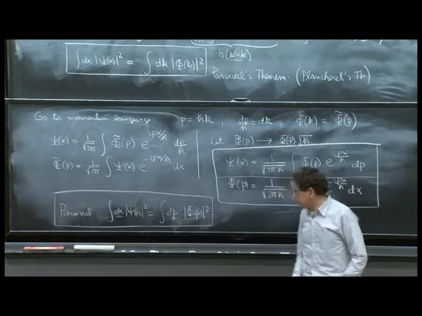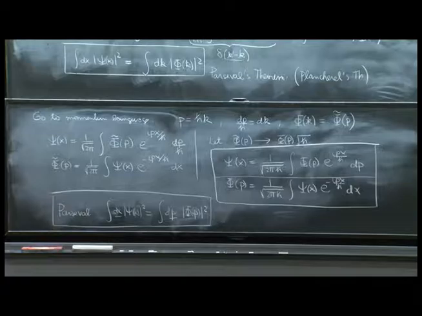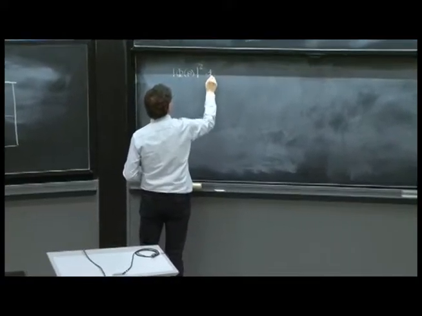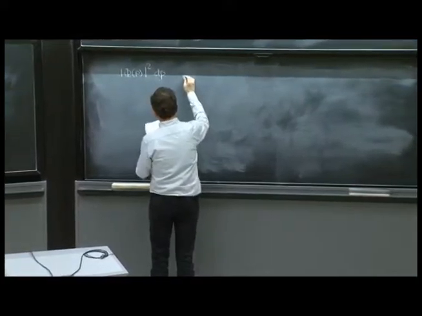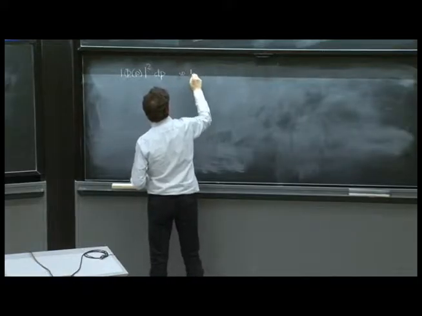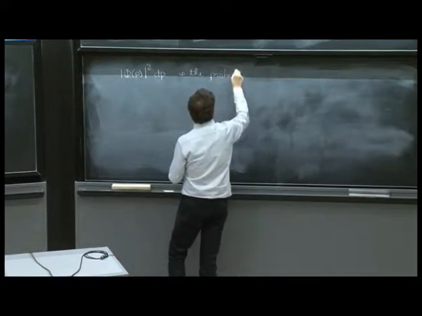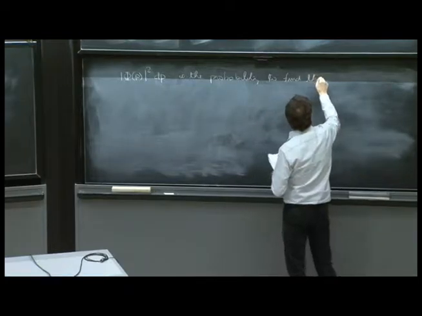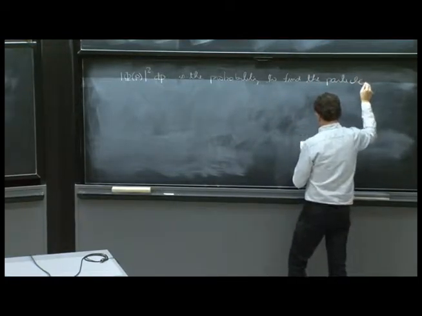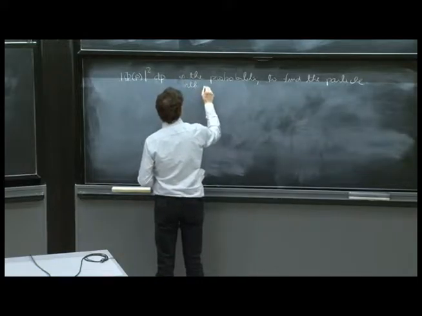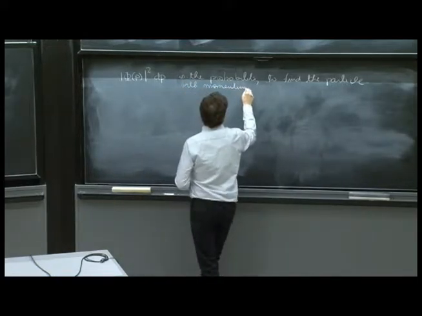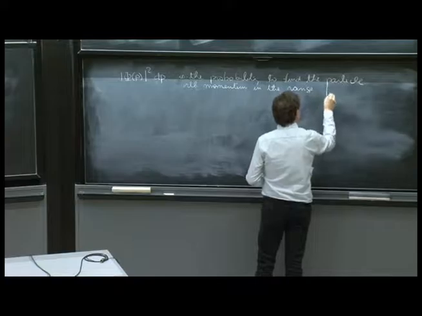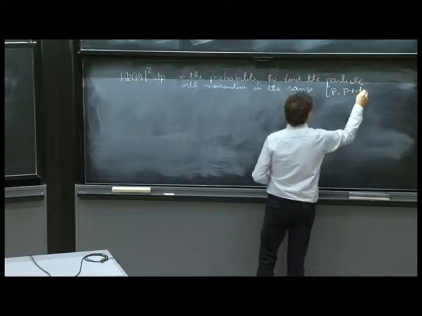We'll interpret phi of p squared dp as the probability to find the particle with momentum in the range p to p plus dp.